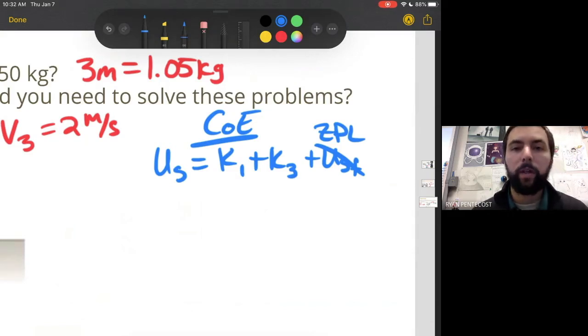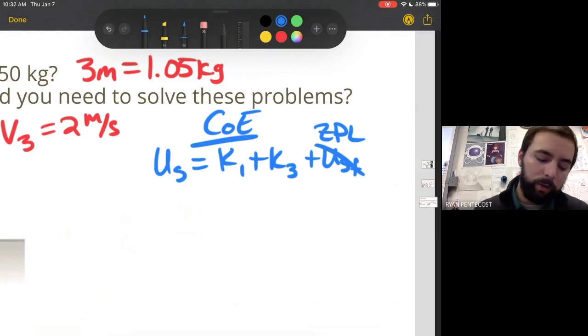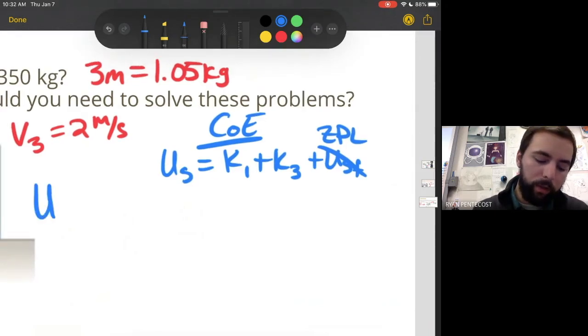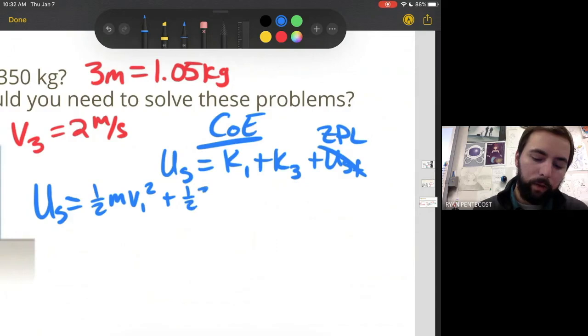So we just have spring potential. We don't want to separate that into 1/2 kx squared, so we'll say that the spring potential equals 1/2 m v1 squared plus 1/2 3m v3 squared.